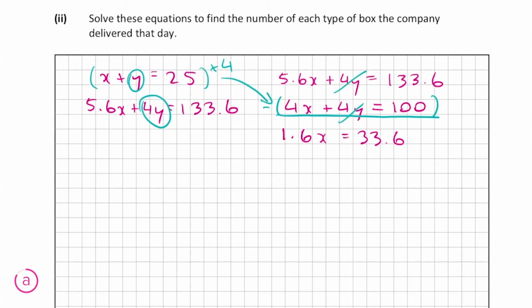And when we take the second equation away from the first one, we can see that the y's cancel, and we end up with 1.6x is equal to 33.6. From here, we divide both sides by 1.6, and we find that x is equal to 21 boxes.